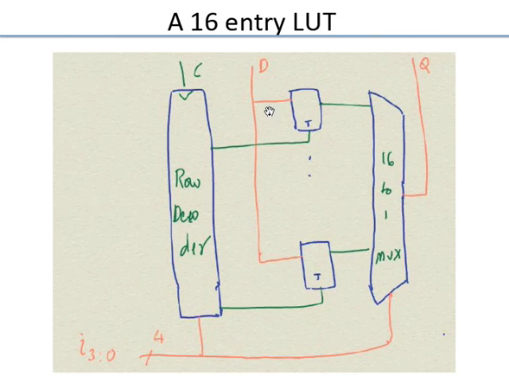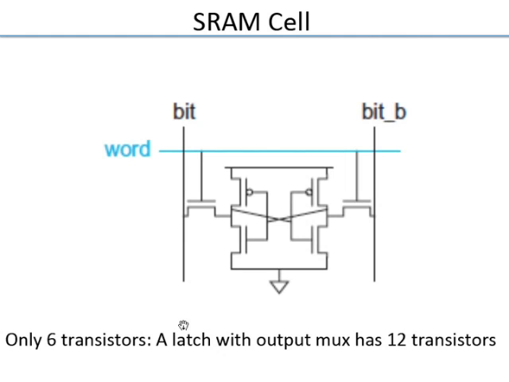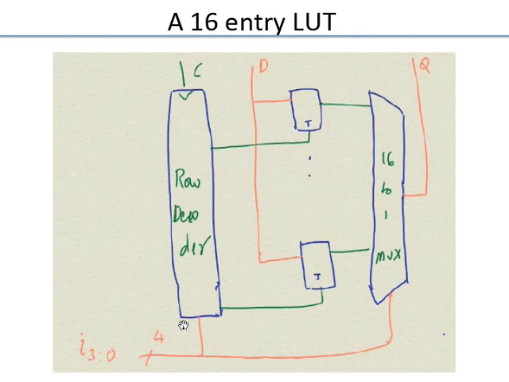The same data is given to all 16, because I'm going to write only on one of them. So only one of these horizontal lines should get active based on this address. Similarly, when I want to read, I just set the mux to pick up one of these 16. So the write enable signal is missing here. Sorry. If you do that, then you'll have a 16 entry lookup table.